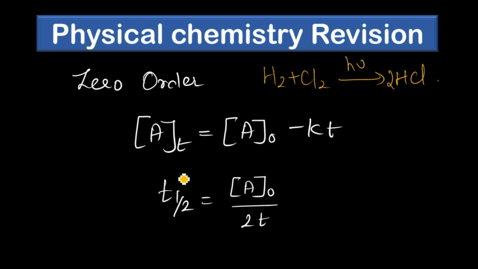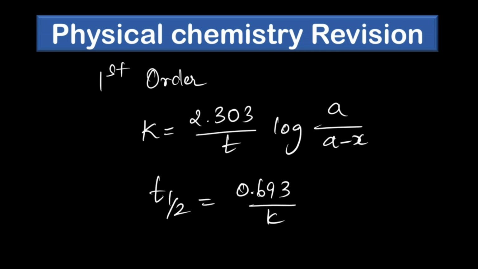The integrated rate equation is concentration of A at time t minus concentration of A at initial time equal to minus kt, t for time. The half-life t half is A naught by 2k. That is zero order reaction.